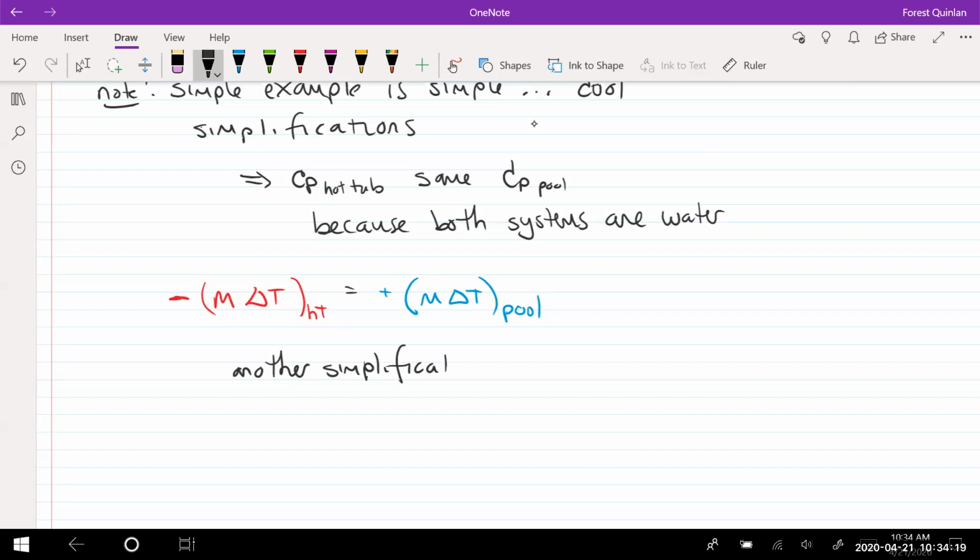Alice, what is that simplification? The one that occurs to me is that the change in temperature, they're going to come to the same end temperature. That's right. So that's not a simplification. That's where we're going to go. How would we figure out the mass of the water for the hot tub?